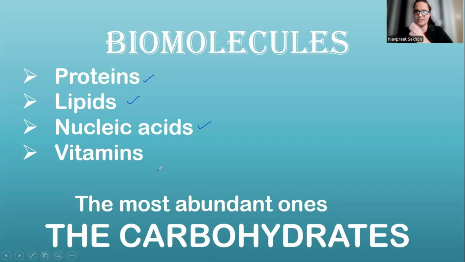And for carbohydrates, it is monosaccharides, right? So all these biomolecules are structurally macromolecules, which means that they are quite large molecules. These large molecules are actually made up of smaller subunits.